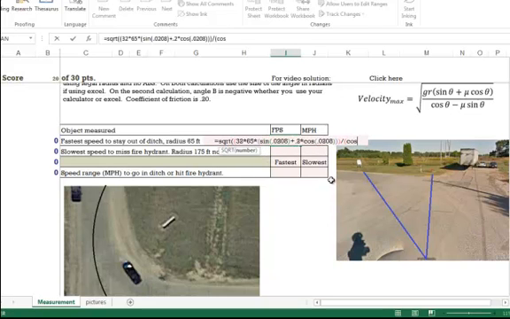Cosine of our angle, 0.0208, minus our coefficient of friction, 0.2 times the sine of the angle, 0.0208. Rather complicated formula.